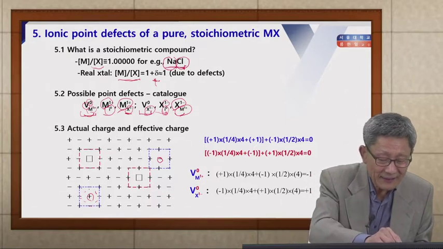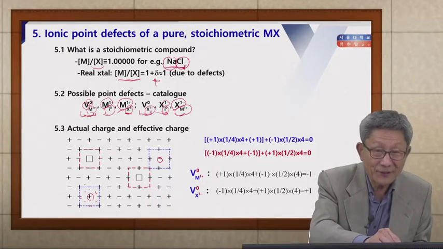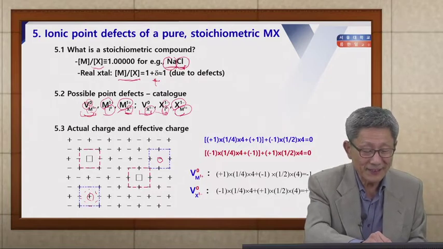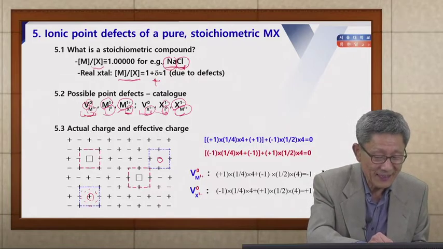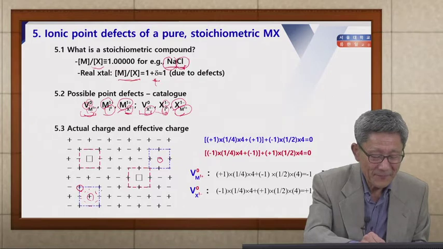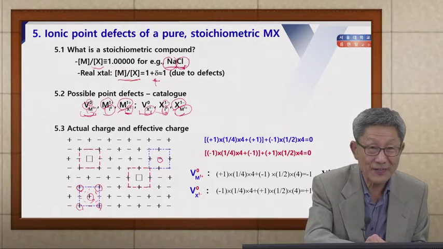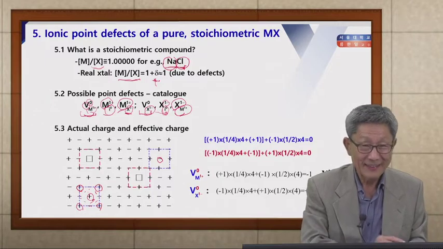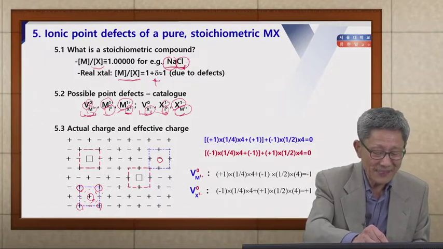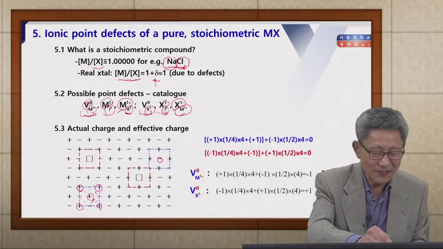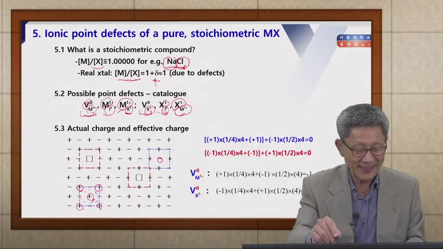Okay, now let's take this repeating unit, which we call unit cell. Okay, now here you have the positive charges at the 4 corners, and then 1 positive charge at the center. How many positive charge units does this unit cell have? Here is the answer.